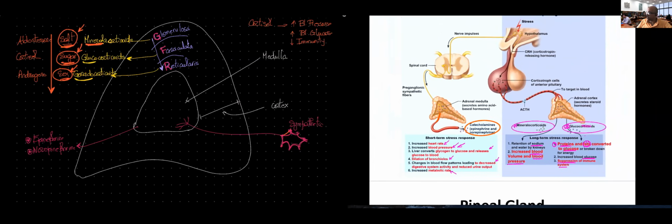It explains why people who live a very stressful life are more likely to develop hypertension and diabetes, because of the release of those different hormones over long years. So if a person is living a very stressful life, he has a much higher chance of developing hypertension and diabetes.